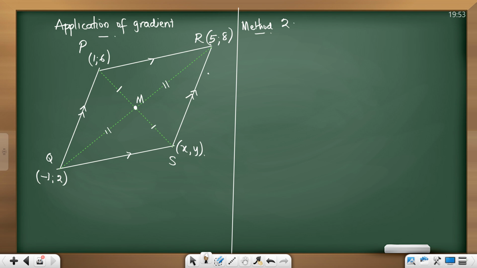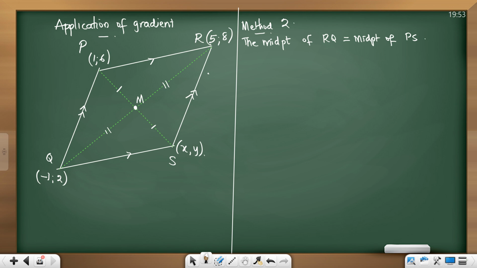The midpoint of QR is also the midpoint of PS. This is midpoint. It's the property of shapes that are very important. We did that in grade 8, 9, 10. Midpoint of RQ is also the same as the midpoint of PS.